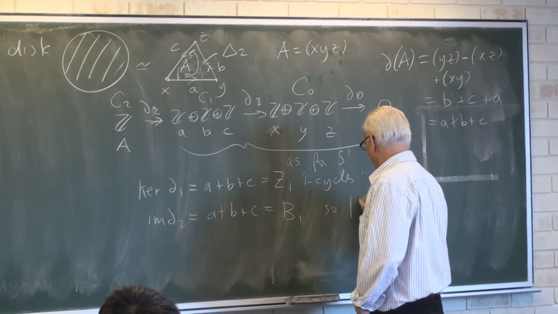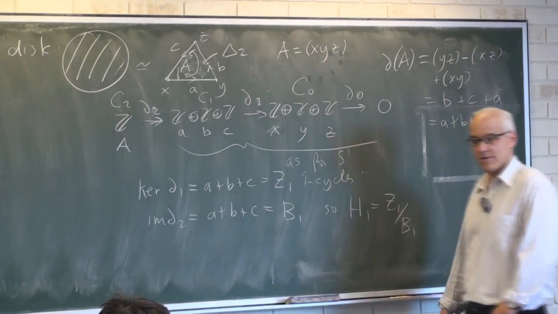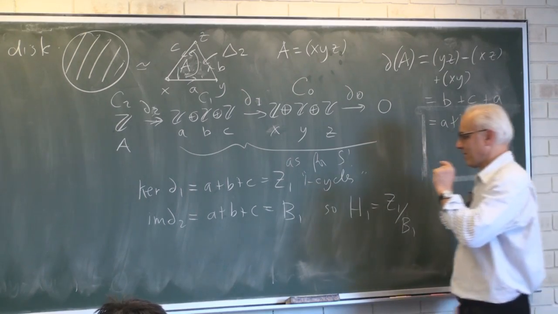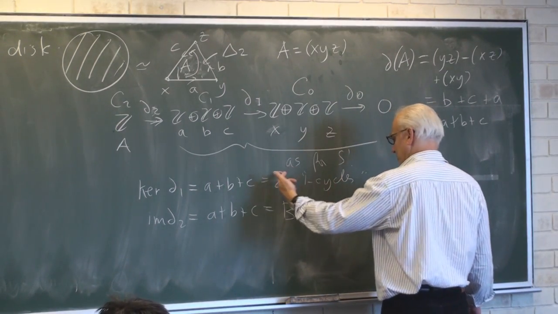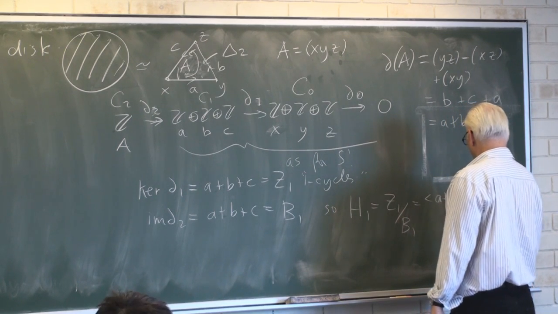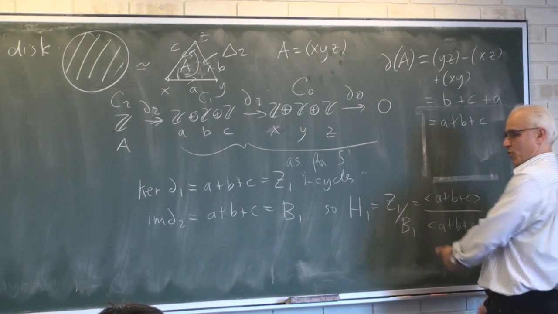So that means that the first homology, which is the cycles mod the boundaries, is no longer Z over 0, it's basically Z over Z. It's the group generated by A plus B plus C mod the group generated by A plus B plus C. In other words, the same group.